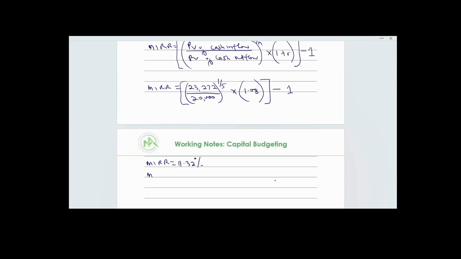Approximately, our modified internal rate of return is 11%.